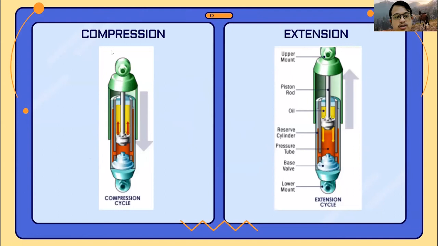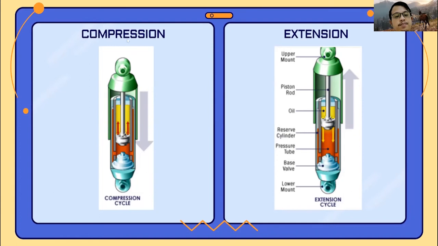This is the compression cycle picture, and we can see that the shock absorber is pushed due to the oscillating force of the suspension spring. With this movement, the shock absorber becomes shorter in size.